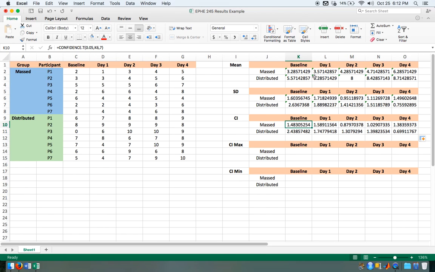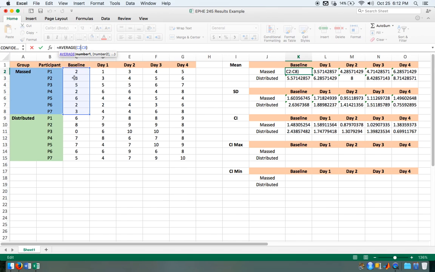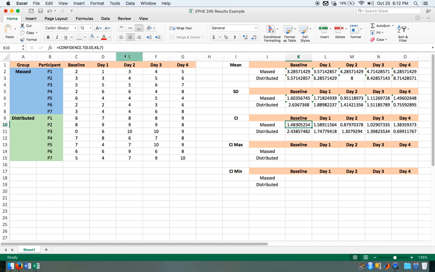So just like earlier I was saying, the first one, if you drag it across to the right, it moves from this column here to the next column. It's going to move from this standard deviation to the next row. So if I drag it down, it's going to be the next row. So that corresponds to distributed baseline.